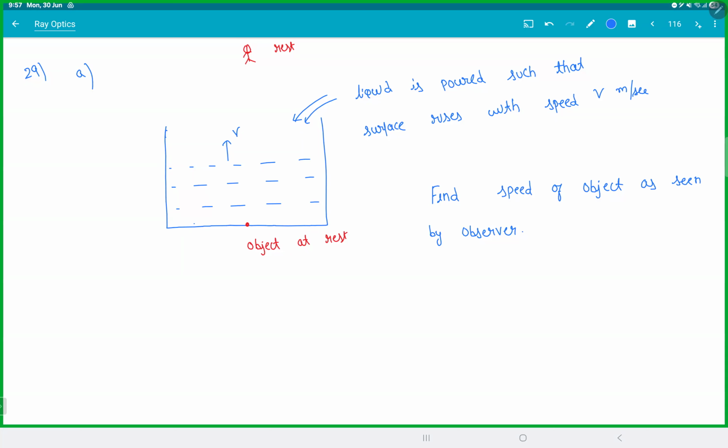How do we do this? Okay, that looks right, Ravish. Mu is given, I'm sorry. Mu of the liquid is mu, outside is 1.